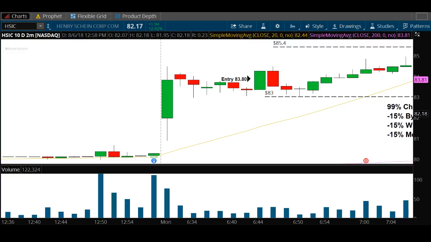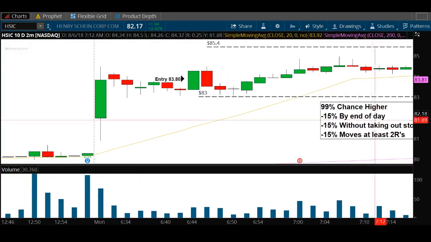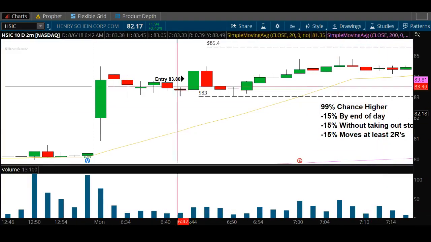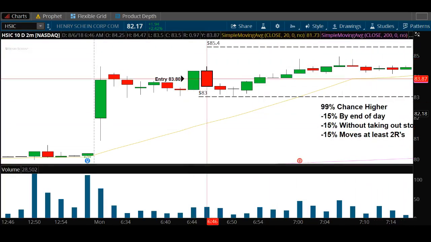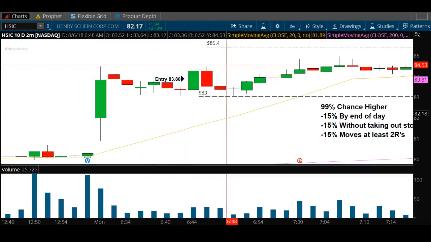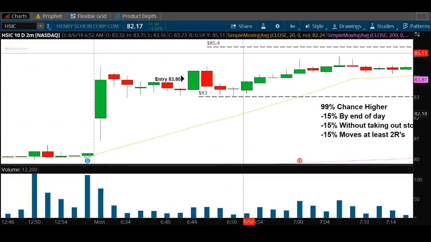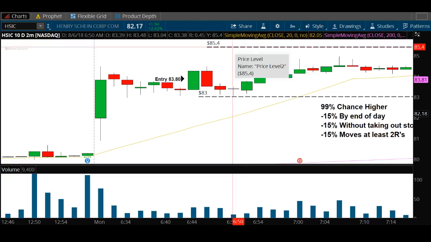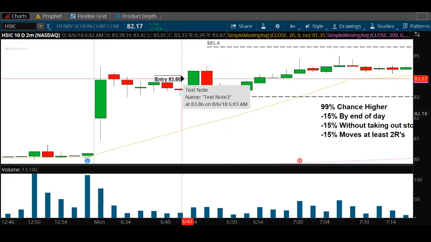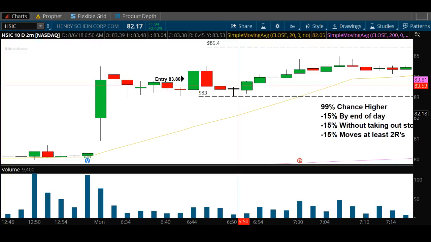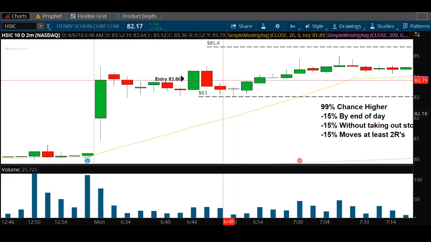So the point is, you really have to know your stuff, to even start at a 90%, 99% chance higher, and have all these things reduce your chance of success, but still maintain an above 50% win rate and about a 2R Sharpe ratio, meaning each winner is about 1.9 times, about 2, if you're using a 2R all or nothing type of management. So each of your winners is bigger than your losers, and you're winning more often than you're losing. Then you really have to know your stuff.